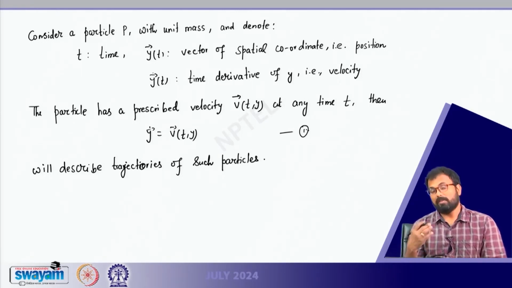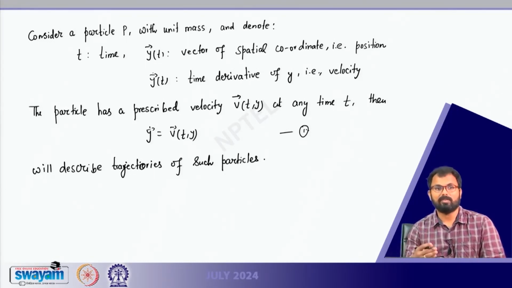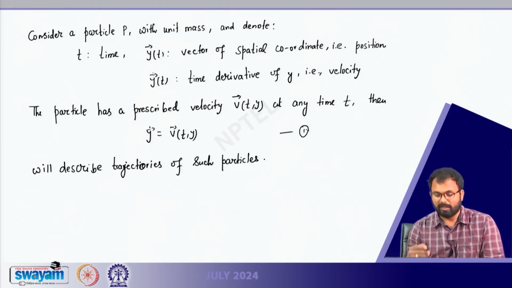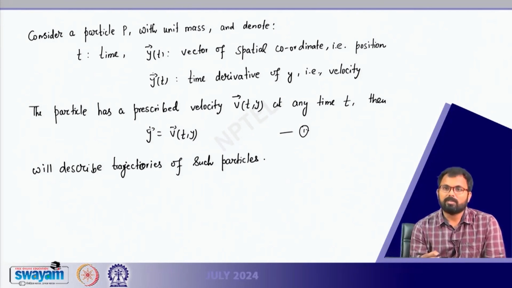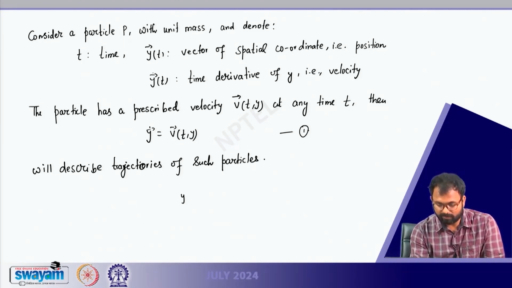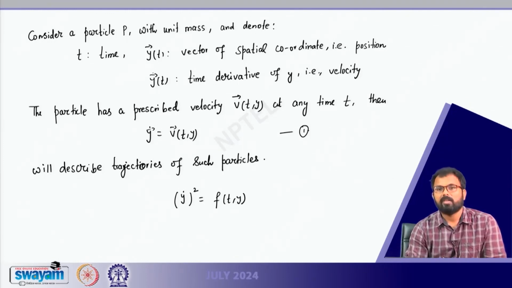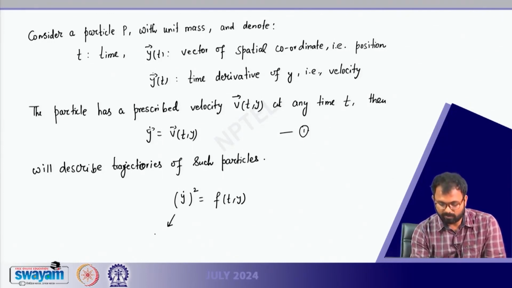Now not only first order, suppose you have an ordinary differential equation where you have a power, let us say the square of this first order derivative. Then what do we call it? Suppose you have the unknown function's derivative squared equal to some function f(t, y). Then this is a first order ODE, definitely a first order ODE.